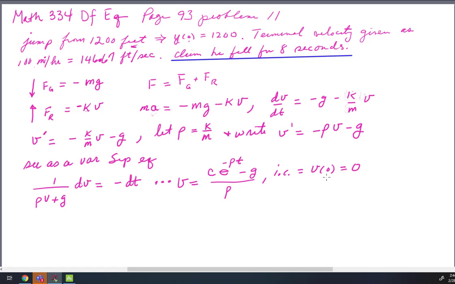It's not going up or down, it's flying straight and level, and you jump. And so this velocity would be the vertical velocity, and that would be 0 at time equal to 0. And so using the initial condition, we would get v is equal to g over rho, e to the minus rho t minus 1.